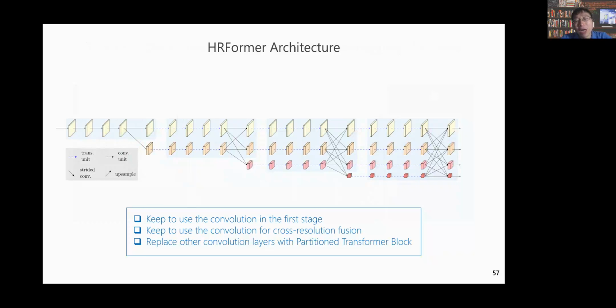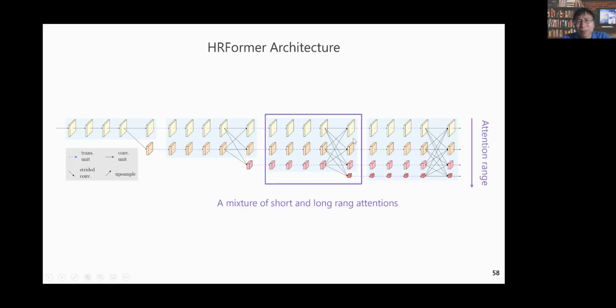In particular, I would mention that here we use depth-wise convolution instead of normal convolution, because attention is something like depth-wise convolution. With depth-wise convolution, we can save computing cost and parameter cost. The architecture is very simple. Here we simply replace some convolutions with the attention modules.